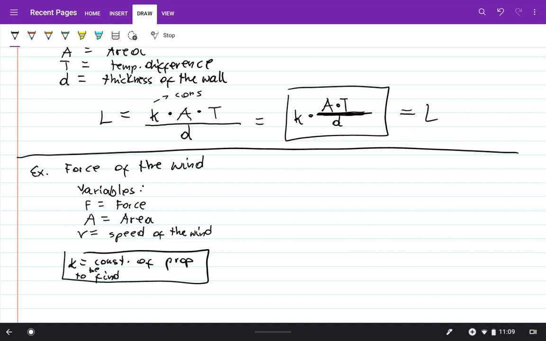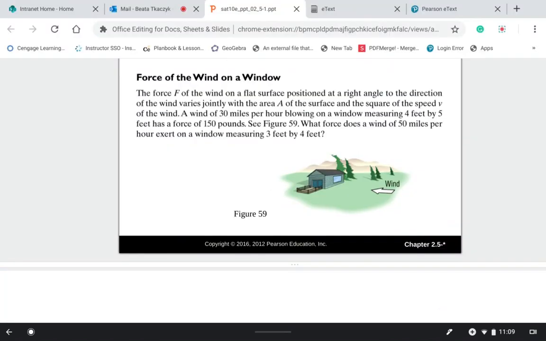Okay, so let's build the formula for the problem. So they're talking about force equal, and I always put in the constant at the beginning so I won't forget about it, because you need to have a constant. Let's go back to the problem and read it.